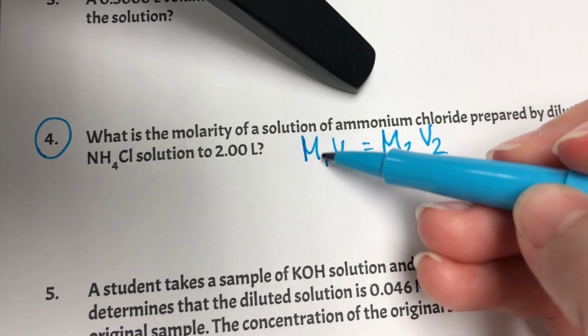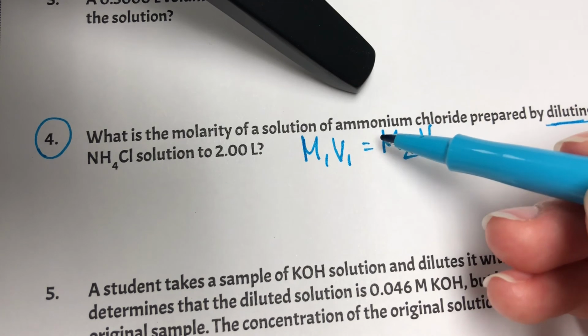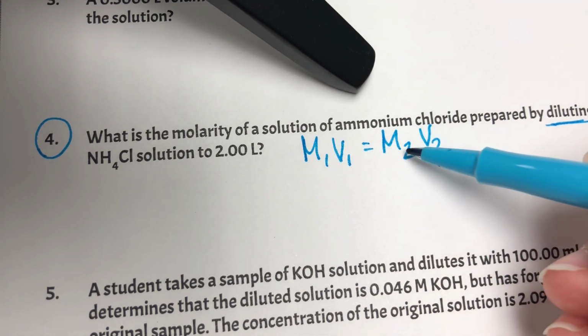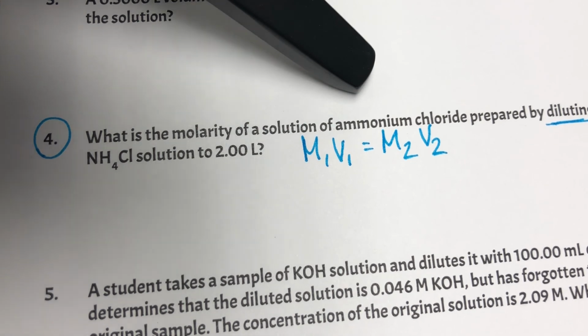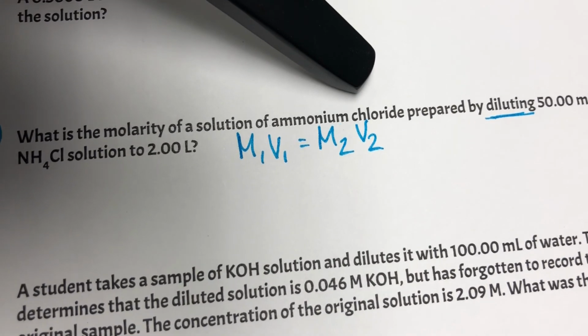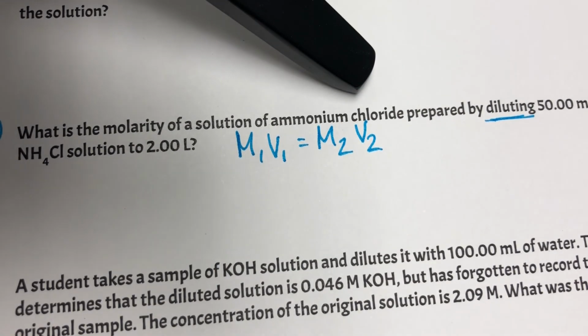So the initial molarity times the initial volume will be equal to the final molarity times the final volume. Okay. So that's how we would do these. I'm just going to work number 4 for you because we've seen problems like this. So you should be able to apply this, and then I'll leave the answer key as well.